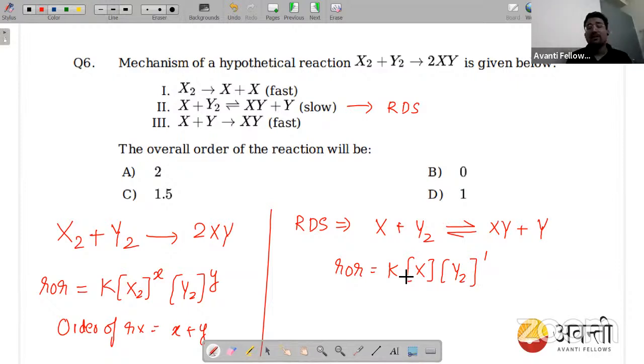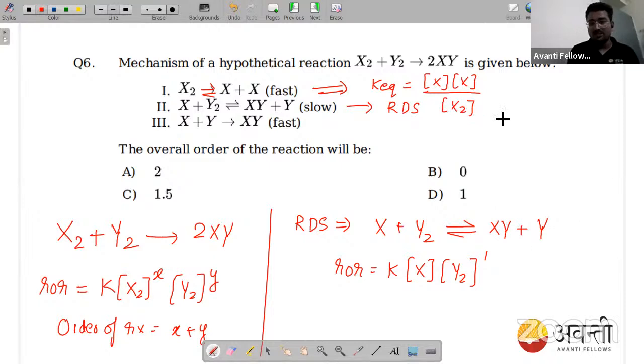But we have to deal with the value of X here. For that reason, we have to take this reaction. Here it will be an equilibrium. So we all know that K equilibrium in this reaction will be equal to X into X by X2. Is that clear?